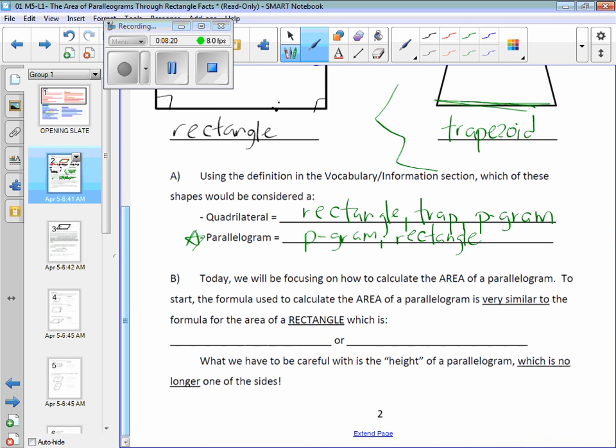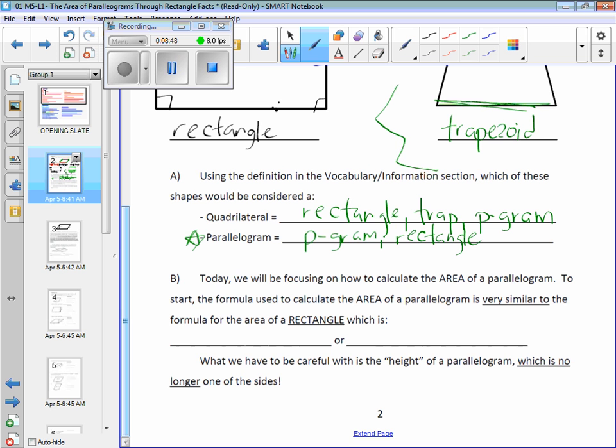The focus of this lesson is determining the area of parallelograms. In order to do the area of the parallelogram, backtrack for a minute. What was the area for the rectangle? You just did it on your last quiz.